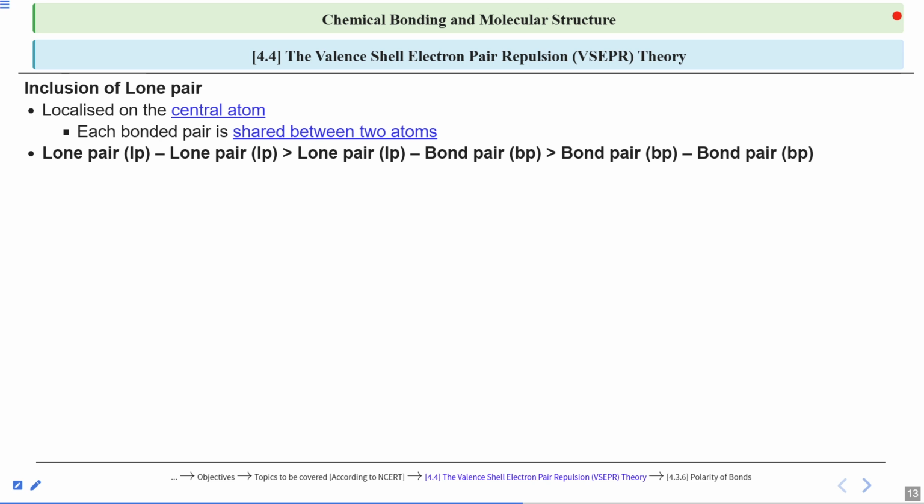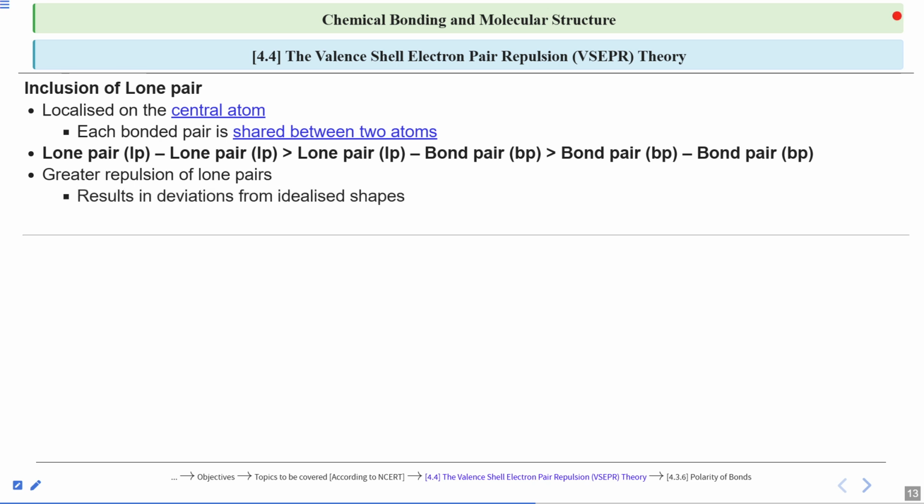This was the order that we got from the postulate. The repulsion is maximum between the lone pair and lone pair, then intermediate between the lone pair and the bond pair, and the least between the bond pair and the bond pair. So this was the order that we got. So what we can say is that due to greater repulsion of the lone pair, there is deviation from the idealized shape.